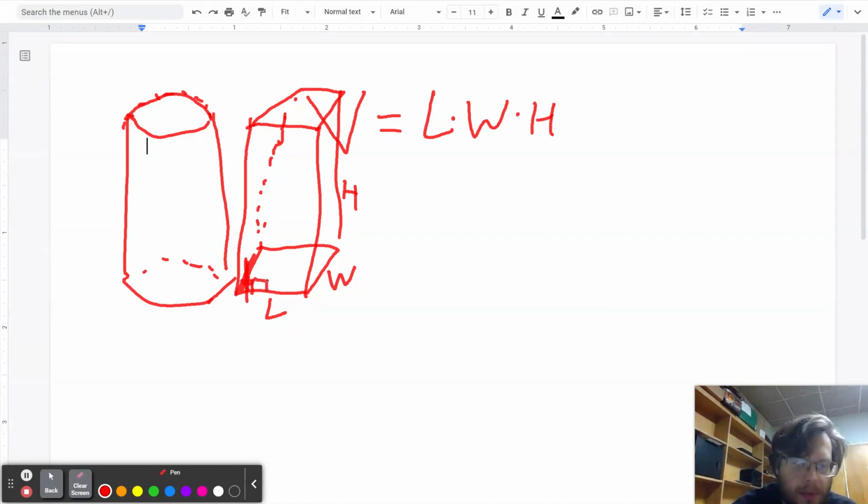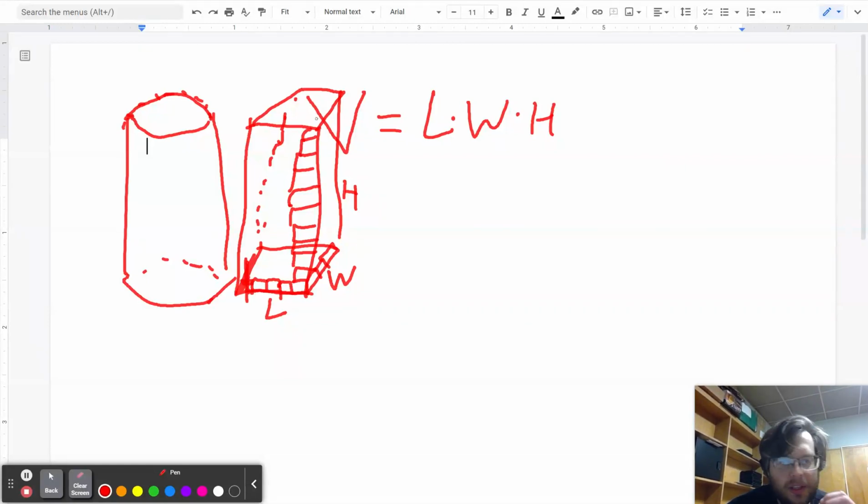You can really just imagine drawing all these little cubes in there. Well, L of them fit across, and then W of them fit this direction, and then you can stack H rows of them going up like this. And you can imagine, despite my terrible drawing, how that will fill up the entire box. L times W gives you the base row, and then times H gives you the volume.